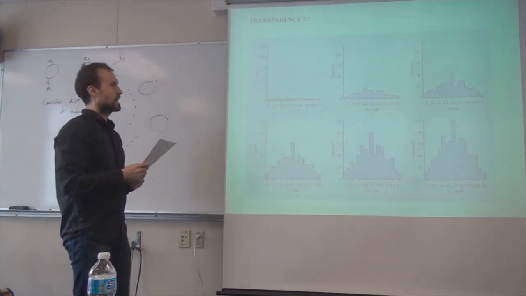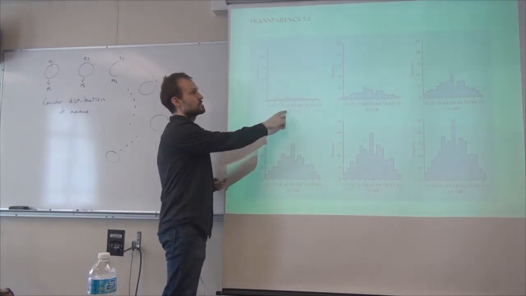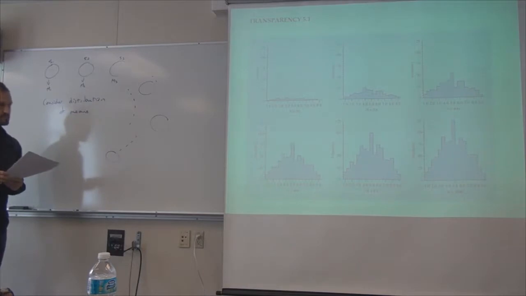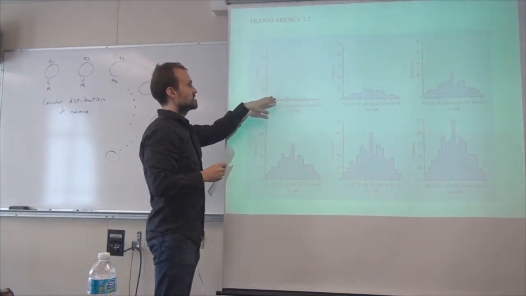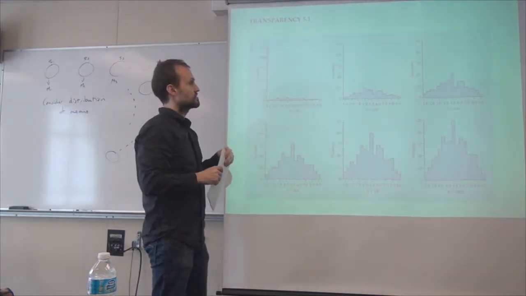So now I'm looking at the histogram of all samples of size 50. All samples, so I get sort of a balanced frequency here.